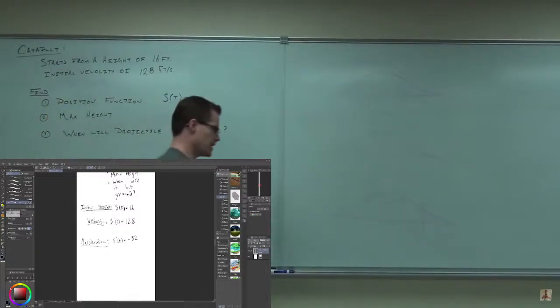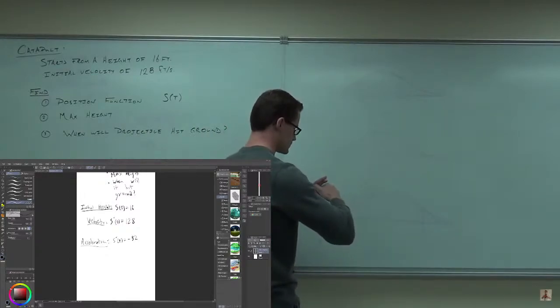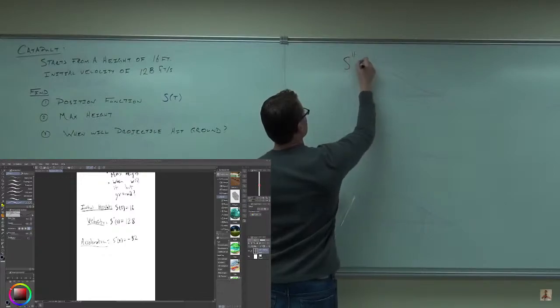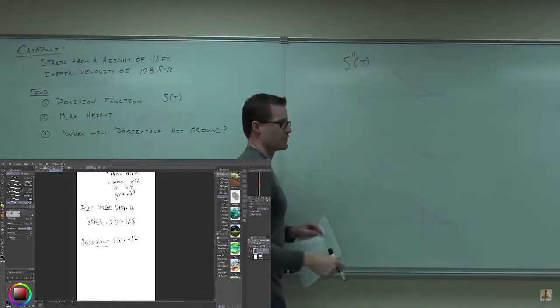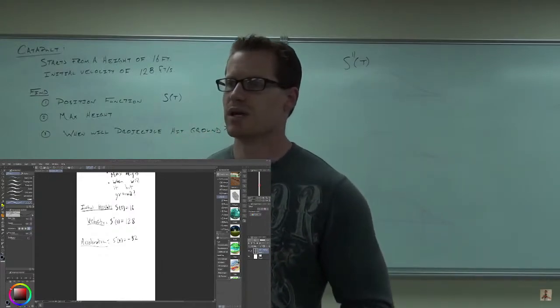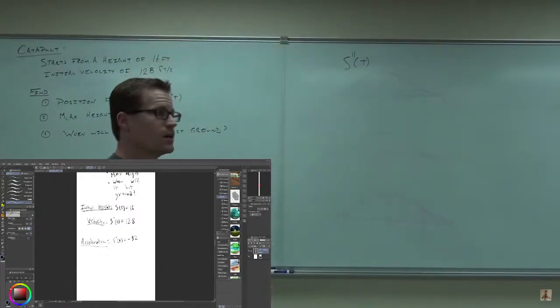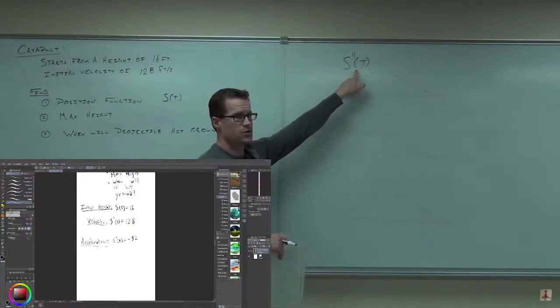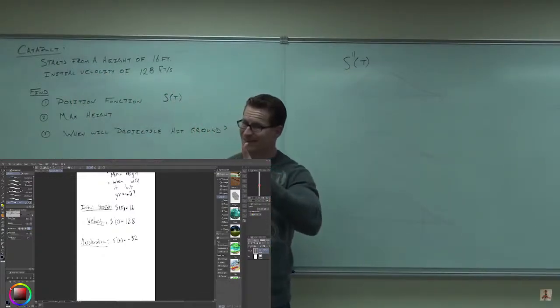So if we know that we've got the second derivative, the acceleration function, in terms of t, can you explain to me how I could get somewhere else besides that? Not taking a derivative, because that would give me a third derivative. I don't want that. But is there a way I can get from here to maybe one derivative higher?